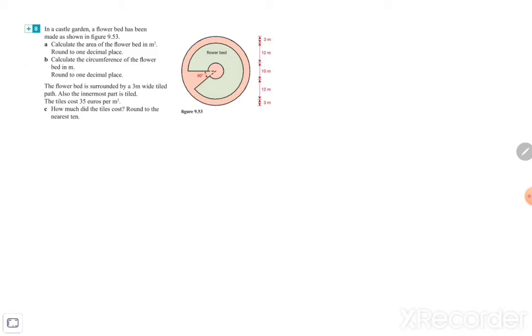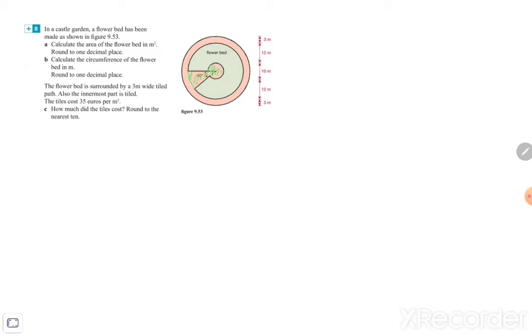So we need to calculate 320 degrees of the 360 degrees to calculate the area of the whole green part. Let's think of the whole flower bed as green, then it is pi times the radius squared.